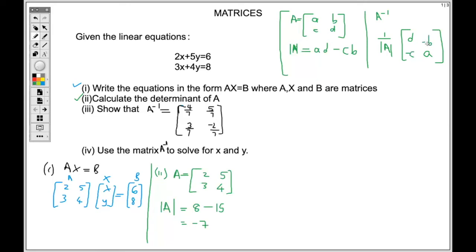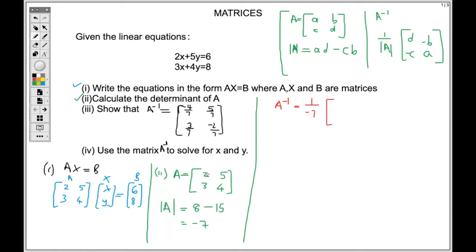So all of this combination represents the inverse. So that is what I'm going to do here. I already have the determinant, so I just need to find out what the adjoint is. So A inverse is equal to 1 over the determinant, which is -7 in this example, times the adjoint, and the adjoint is where we switch the position.